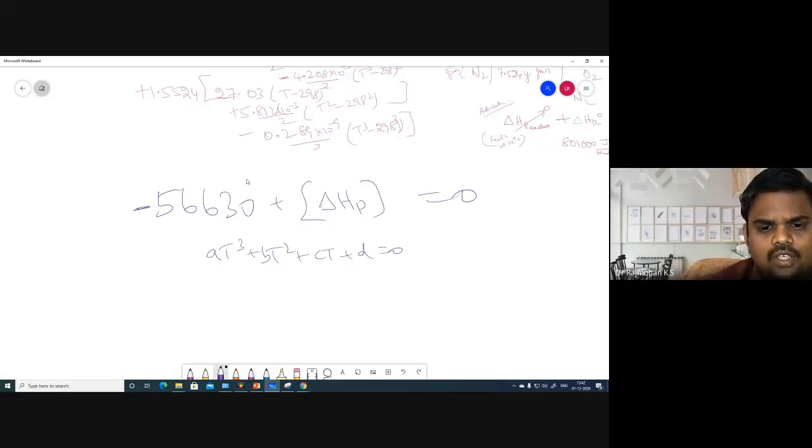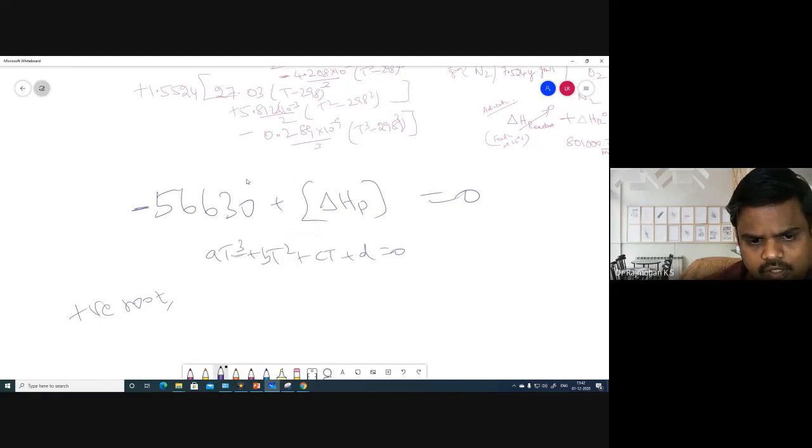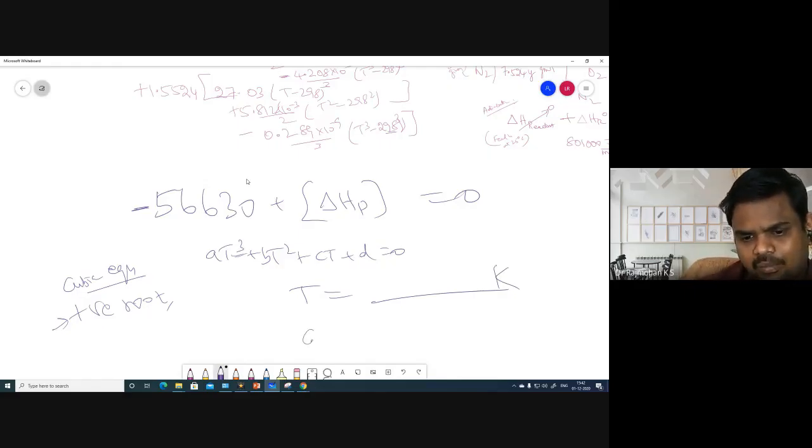Solving it, we are going to get different roots, since it is a cubic in T. Take the positive root, and that gives us T. We are substituting T in Kelvin, so whatever you get is your temperature in Kelvin. Please calculate the temperature and comment your answer.